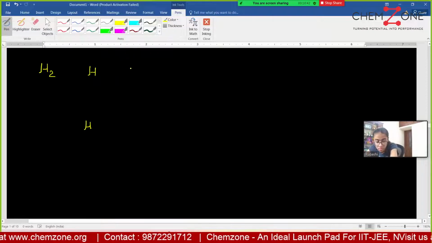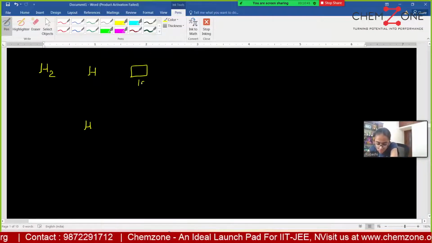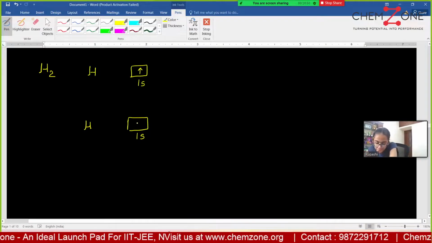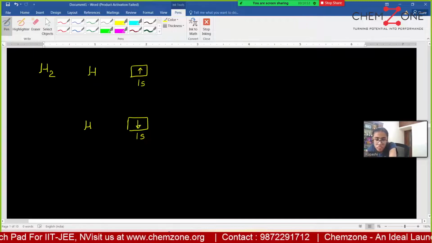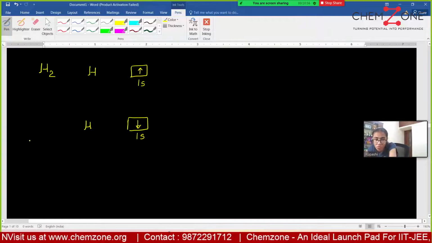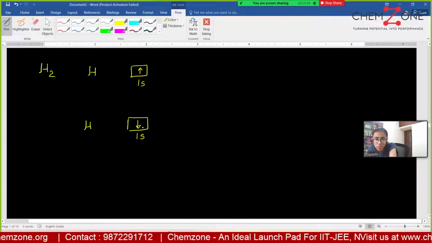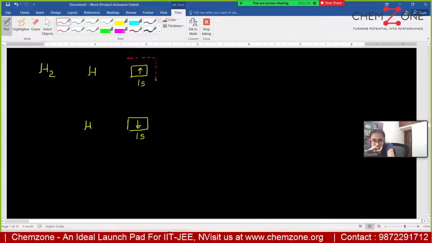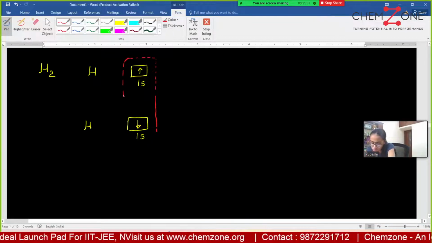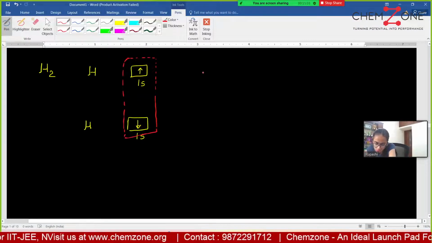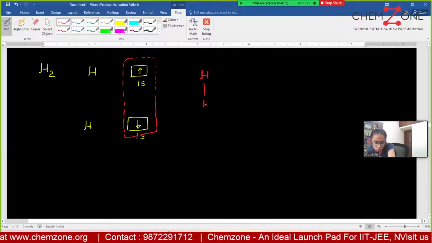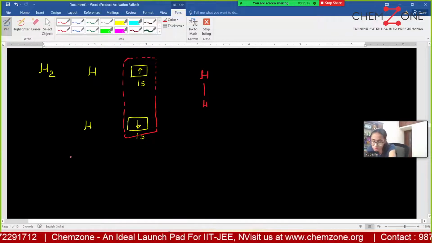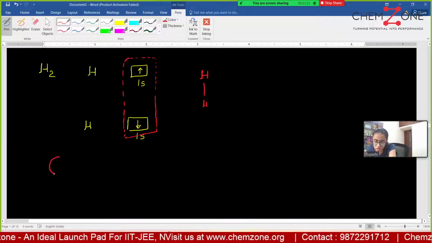I have here two hydrogen atoms. They have this electronic configuration, but now one with a positive spin, the other with a negative spin. This is the outermost shell, and their orbital overlapping takes place here. The bond is formed between these two hydrogen atoms. A single covalent bond is formed. What is the shape of the s orbital? Spherical shape.